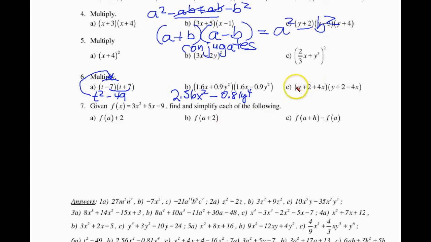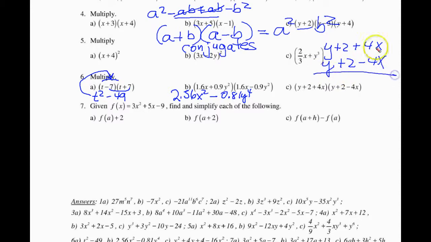Okay, now this next one, as we look at it, there's probably something you could do with it, but to be sure, I would just set this up as y plus 2 plus 4x, y plus 2 minus 4x.